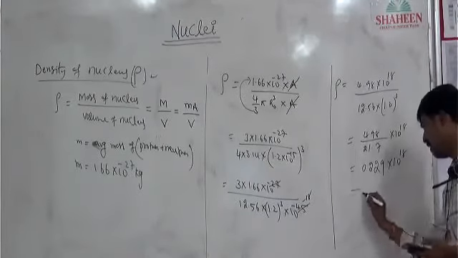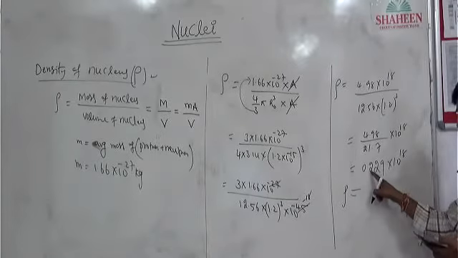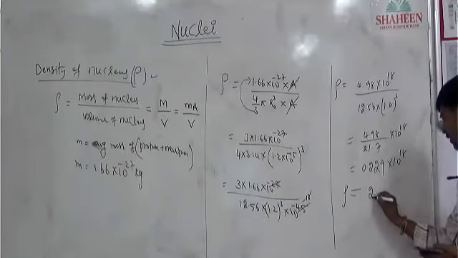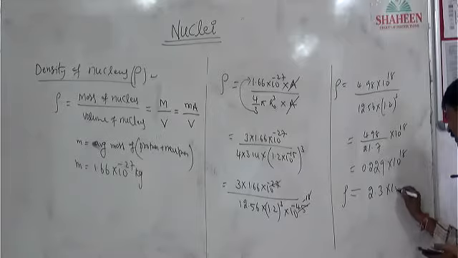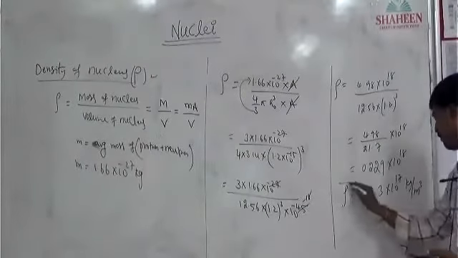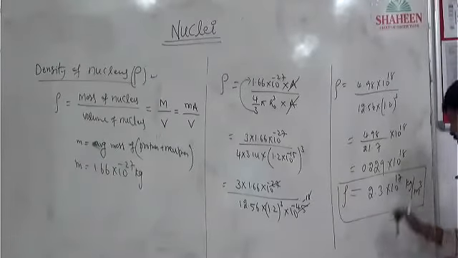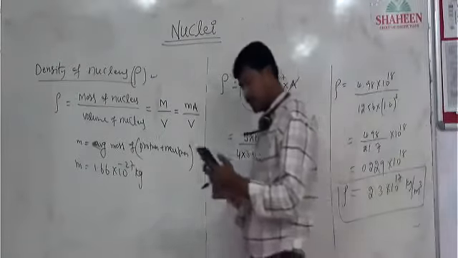Approximately we can write this as 2.3 into 10 to the power of 17 kg per meter cube. Finally, look here: 2.3 into 10 to the power of 17 kg per meter cube.